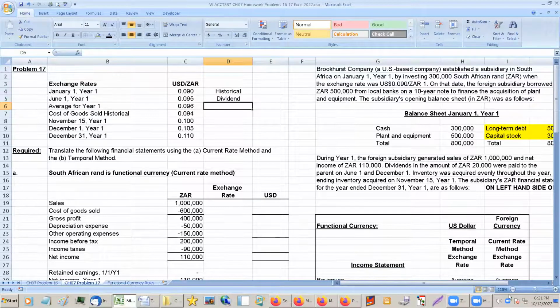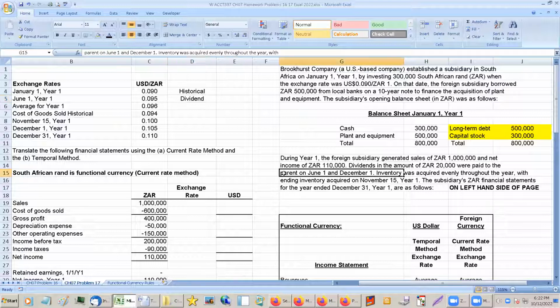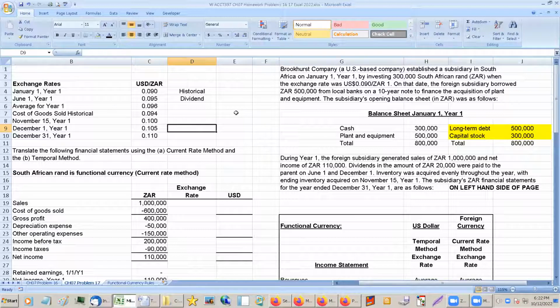Close. So June 1st is a dividend, and then also December 1st is also a dividend, so December 1st.